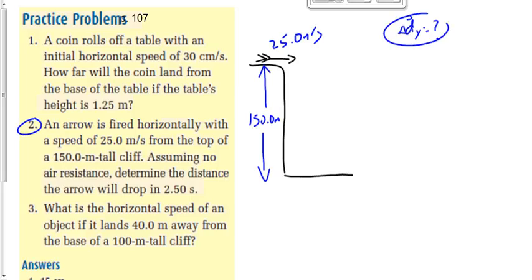Don't we have the y displacement? How many people made the y displacement 150 meters or negative 150? That's wrong. What relevance is the 150 meters? Where do we plug that in? We don't. Why not? Why do we not use the 150 meters here? Why is that, Rudiana, relevant to this question?